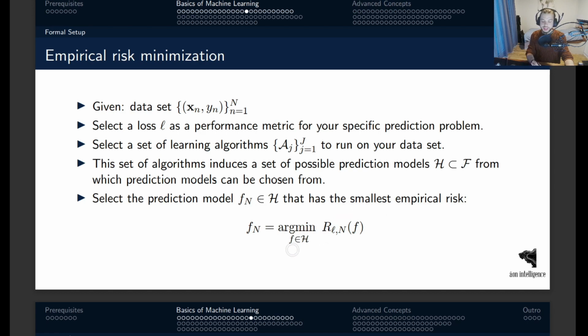So within that set H, we have a lot of prediction models that could be found by our learning algorithms, and we choose the one that has the smallest empirical risk based on the n data points we have available.